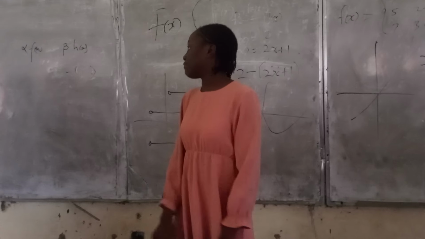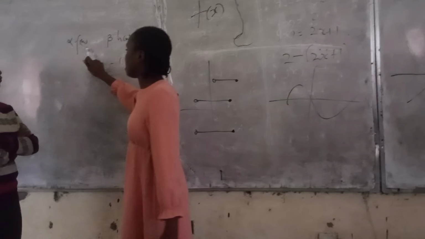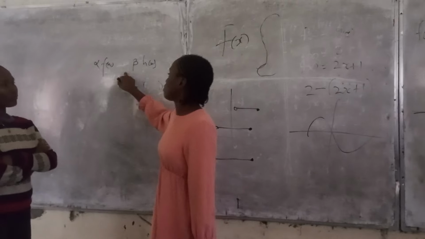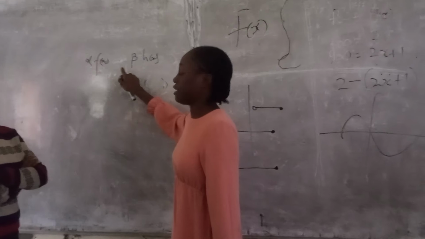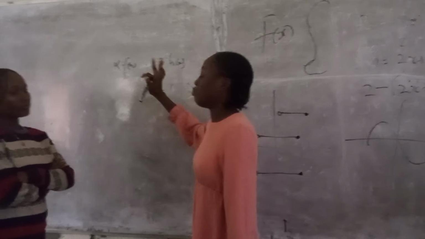So if you're given a function f of x, you use this scalar to multiply the function, then you use the operator given to you, if it's addition, subtraction, or multiplication, before taking like terms and getting your answer.